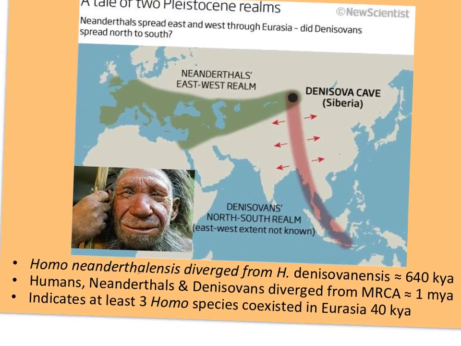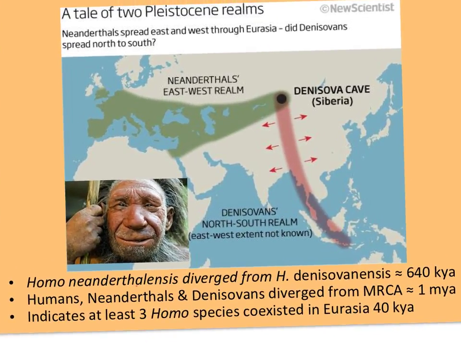So it looks like modern humans and Neanderthals overlapped in Europe from about 40,000 years ago. Modern humans and Denisovans, some human populations also overlapped, I think more recently.